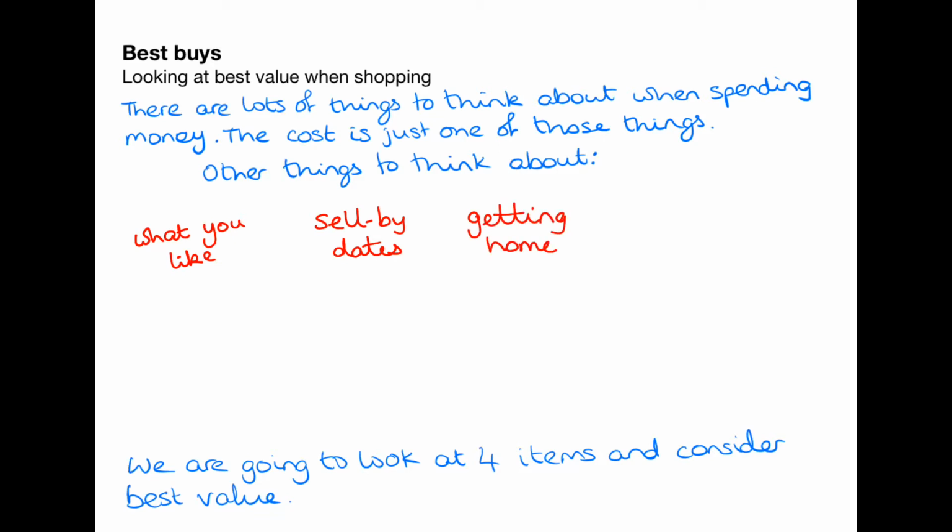If you've walked to the shop and you've got to carry your bags home, then that's not necessarily a good thing to be buying the biggest of everything, even if it is better value. And talking of getting it home, we also need to think of storage space, don't we? Okay, there are other things to think about as well. Some people like to consider the environmental impact.